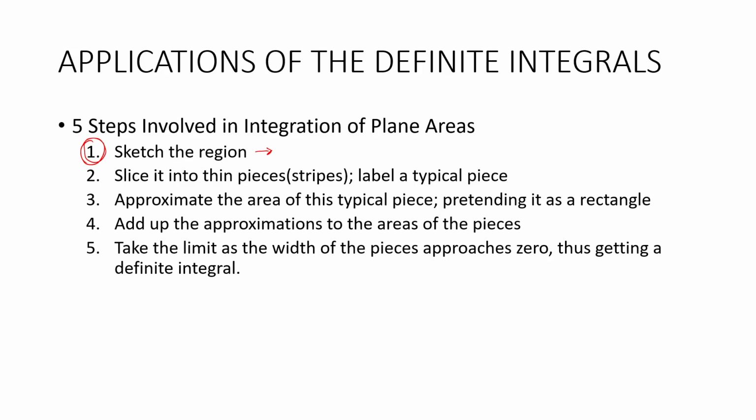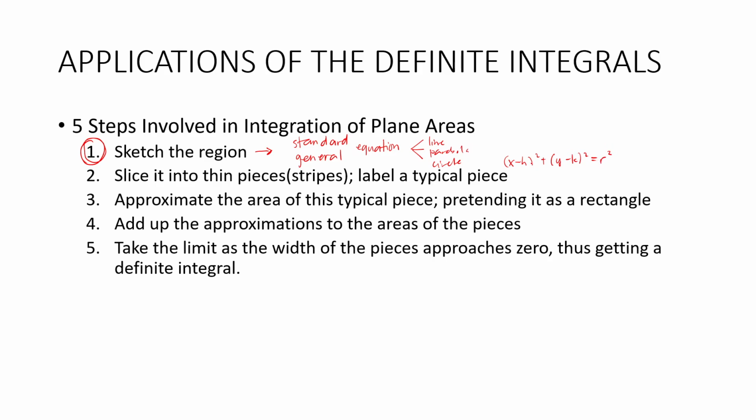So probably you want to review the standard and general equations for your different functions: line, parabola, circle. For a circle, that would be x minus h squared plus y minus k squared equals r squared. Standard formula.